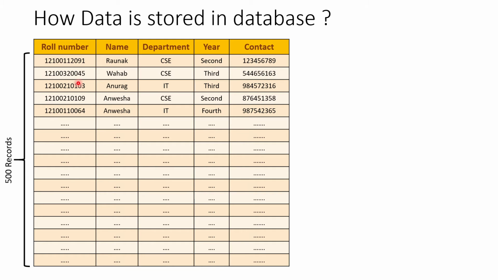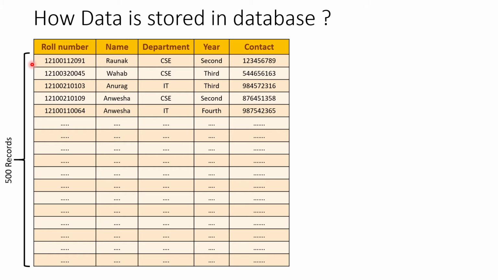So assume that only this information I want to store: the student's roll number, name, department, which year he or she is in right now, and his or her contact number. One by one I can put them in each and every row. So this is what we call a table.